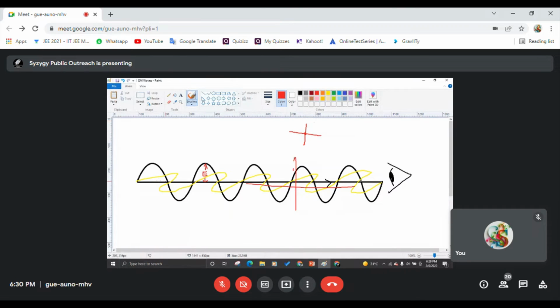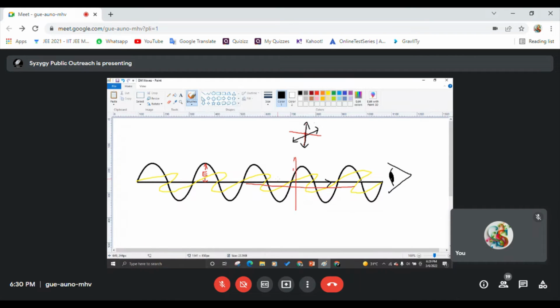Non-polarized radiation has different directions of the electric field. Here I've drawn a polarized wave, but a non-polarized wave has different directions of electric field. It may be oscillating vertically but still perpendicular to the direction of propagation, or at some point it may be oscillating diagonally.